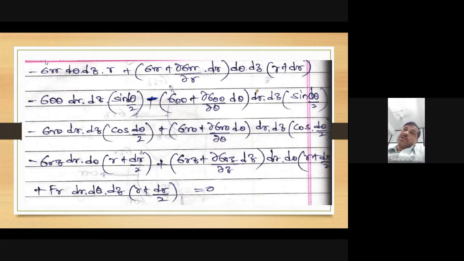So stress acting in the radial direction multiplied by this area, stress into area, gives the force.